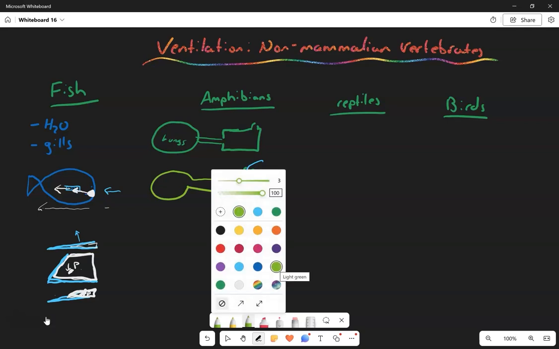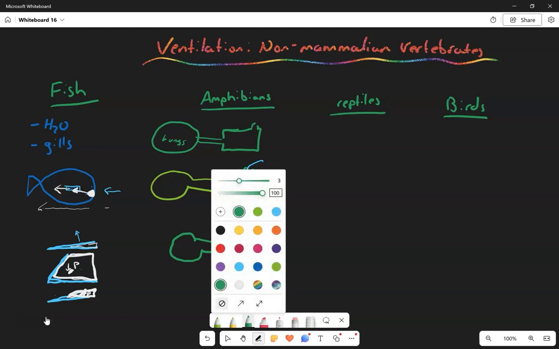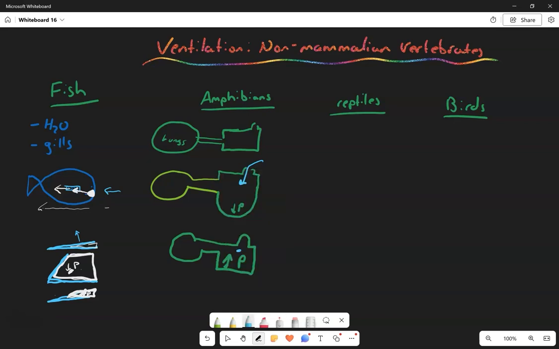Now, once that happens, what we're going to do is shut those nares, and the buccal floor raises up. And so when we do so, we increase the pressure by decreasing the volume in here. So the air that is inside here, it can't go through the nares because they're closed, is forced into the lungs. So this uses a positive pressure force to push the air into the lungs.